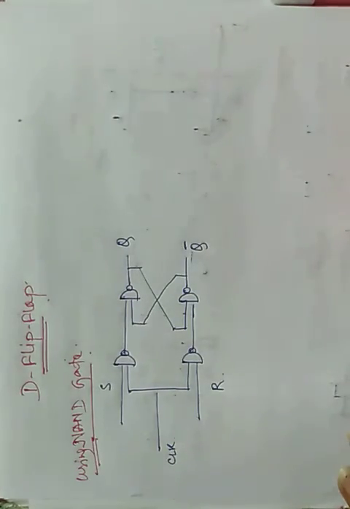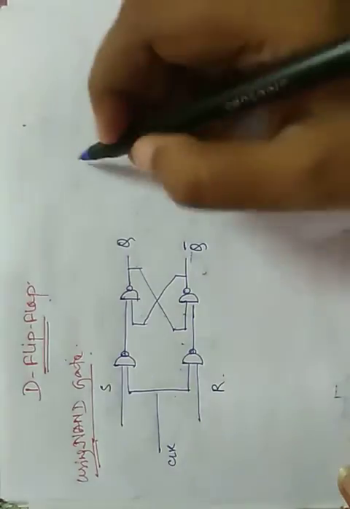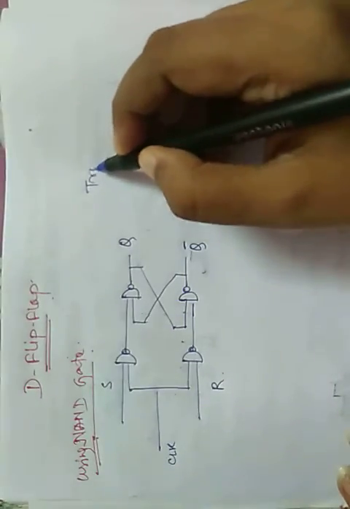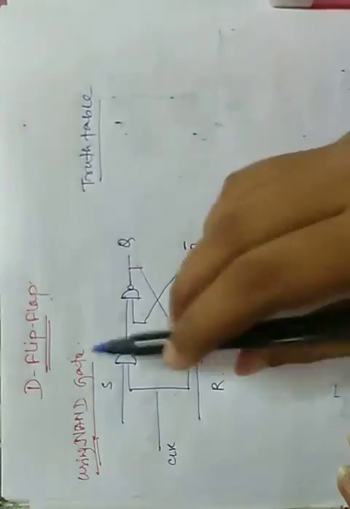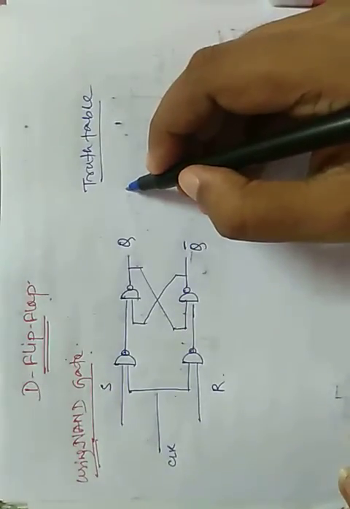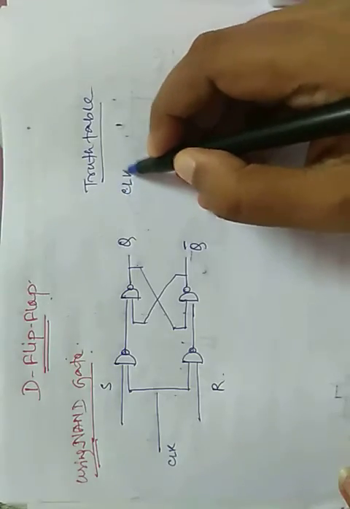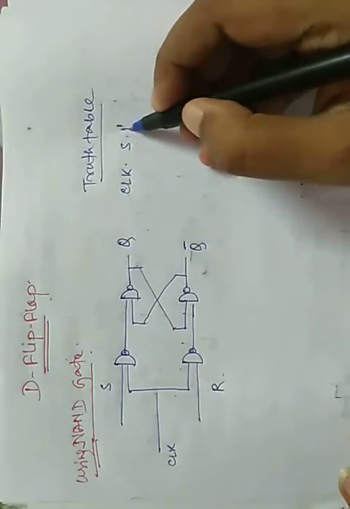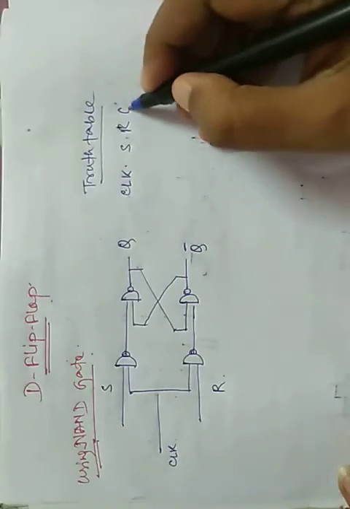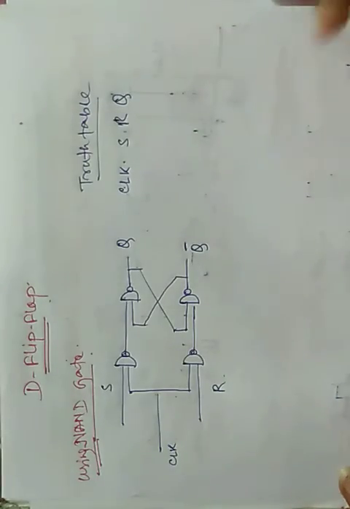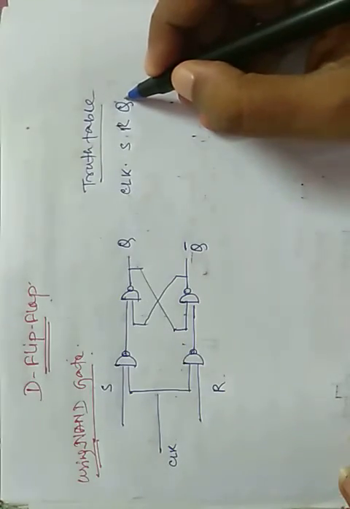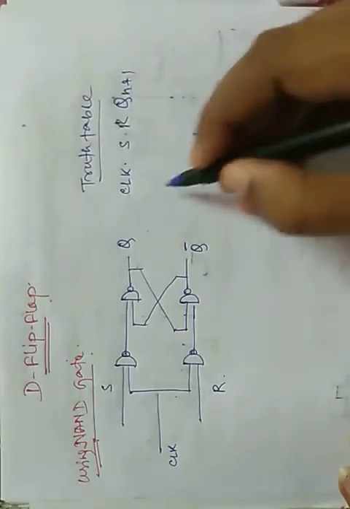Now we are drawing the truth table of SR flip-flop. So it is clock, S, R, Q n plus 1.